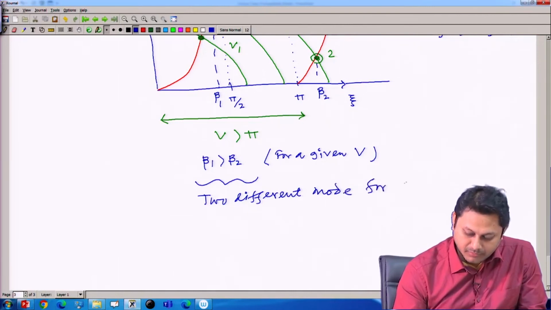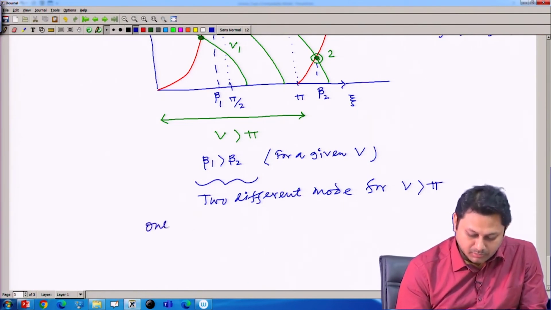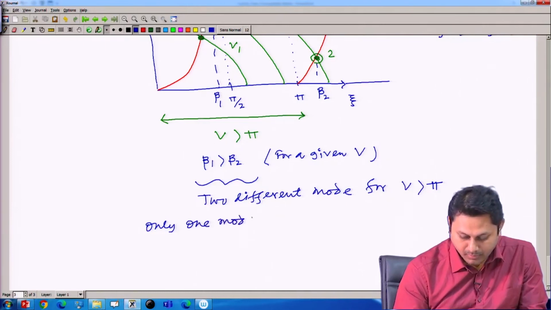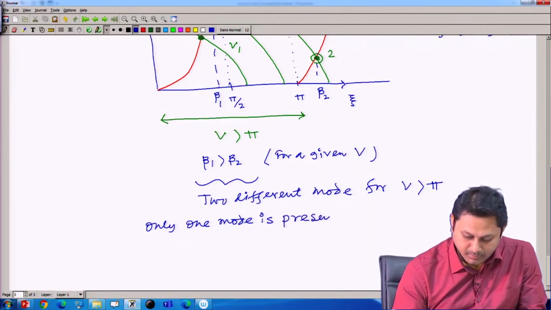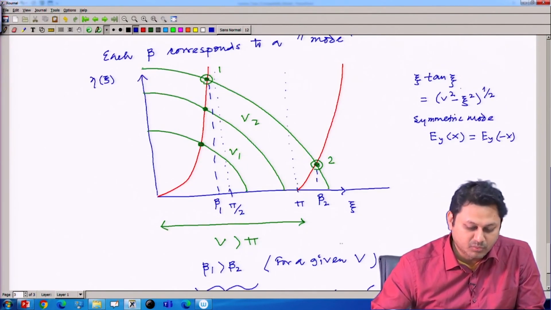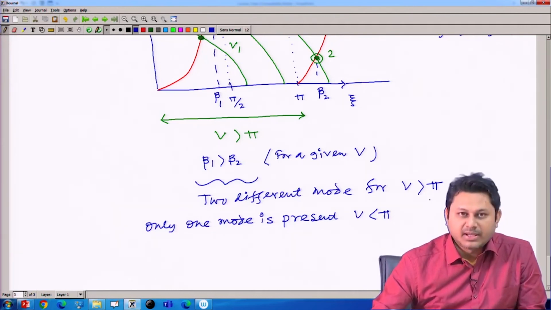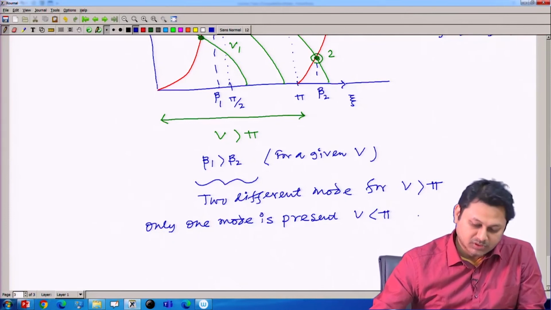For v greater than pi according to this plot, only one mode is present when V is less than pi, because we are having only one cutting point, and when the value of V is greater than pi we are having two modes.